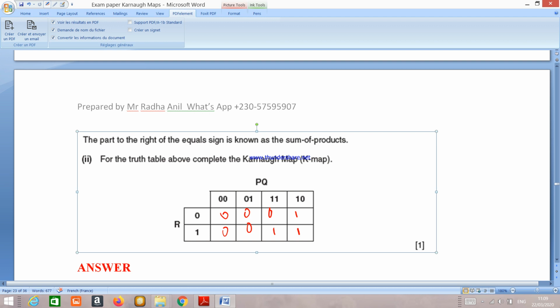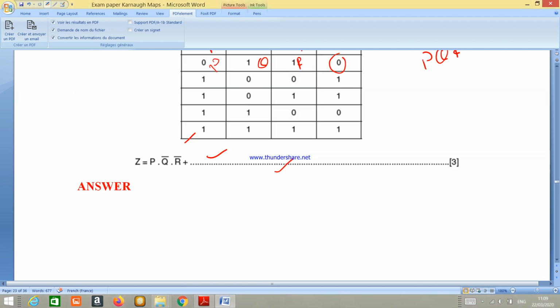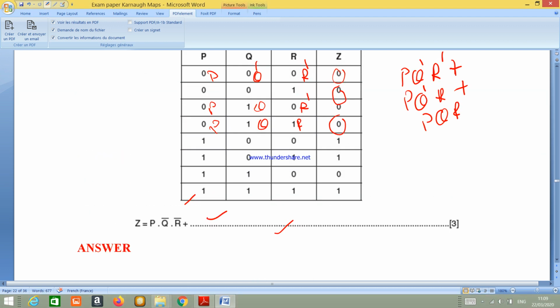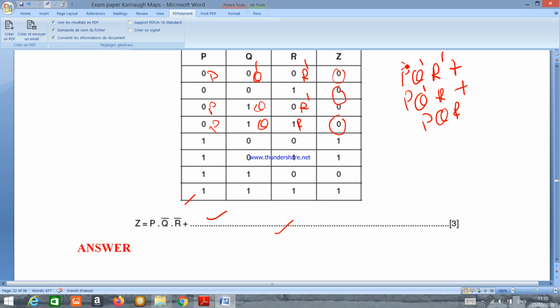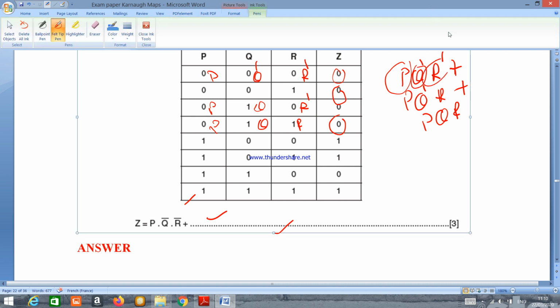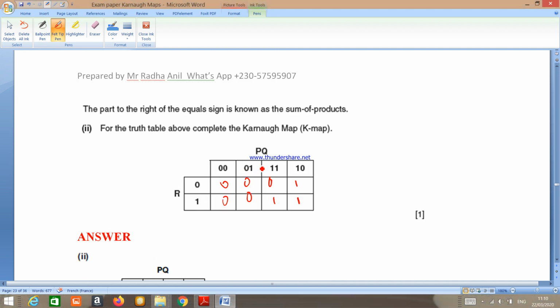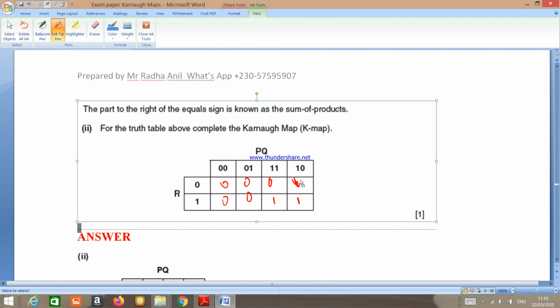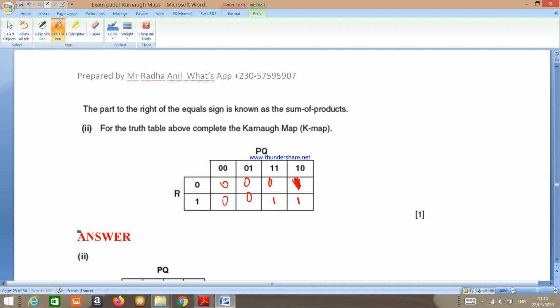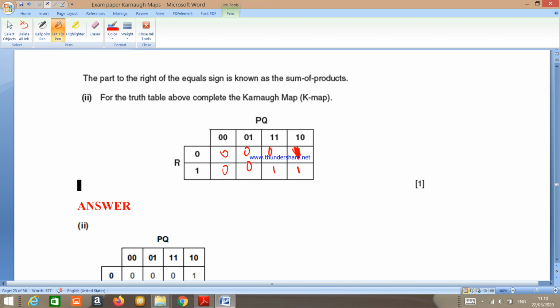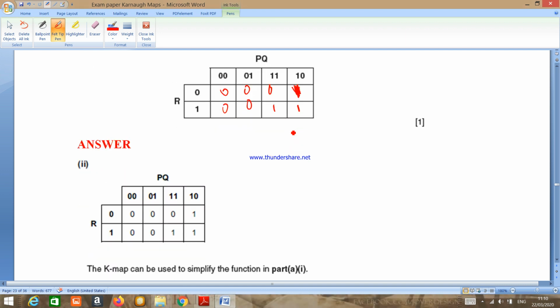If you follow well, you will see that P is 1, Q is 0, R is 0 is here. That's why this one is 1. And you can work out the others.